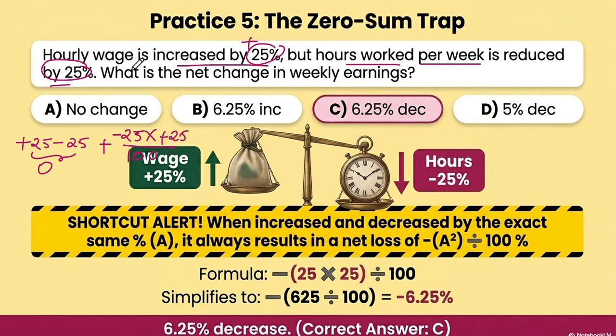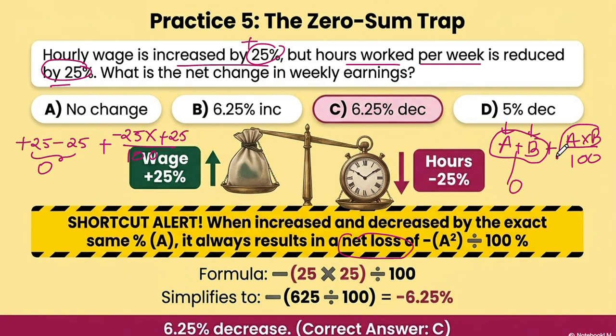So whenever both numbers are the same and one is increased, the other is decreased, in that case we will always get a net loss. We have the formula a plus b plus a multiplied by b upon 100. But one is positive, one is negative, so the addition is 0.